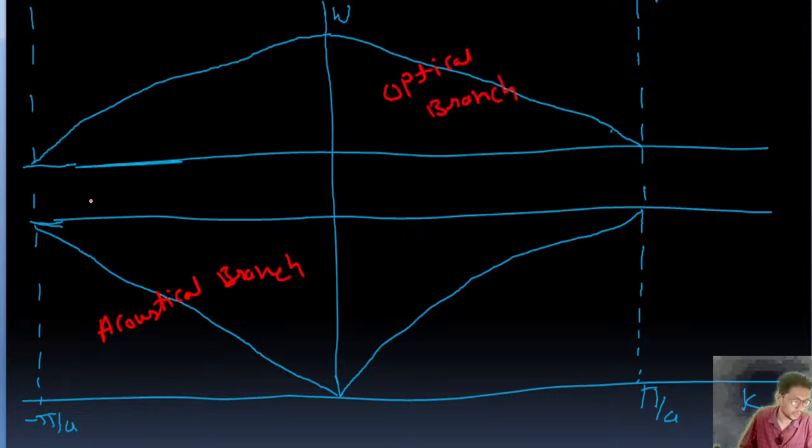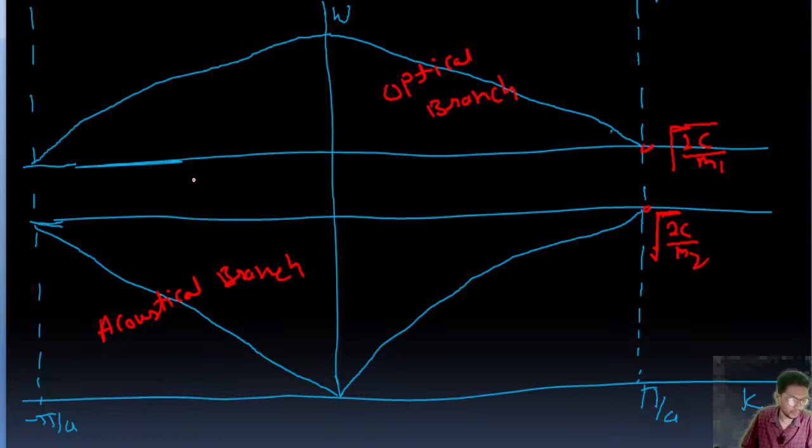This is omega, and this value is root 2C upon m2 for the acoustical branch, and this value is root 2C upon m1 for the optical branch, higher branch.